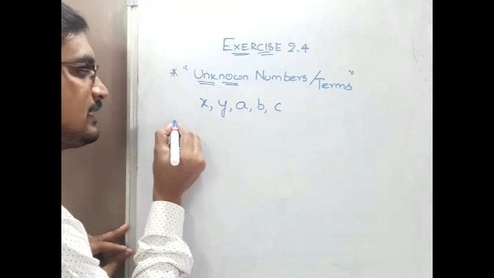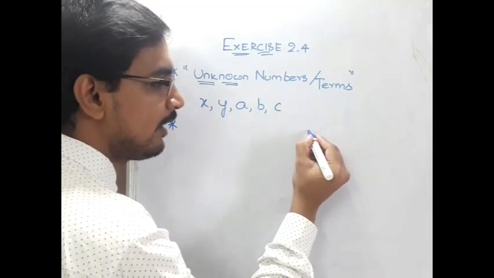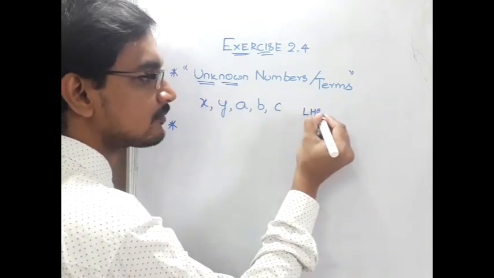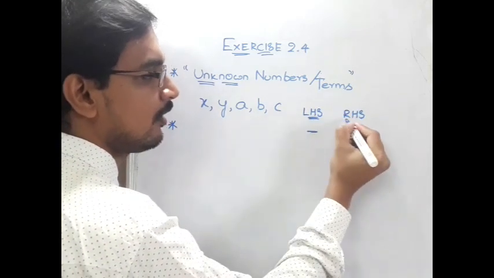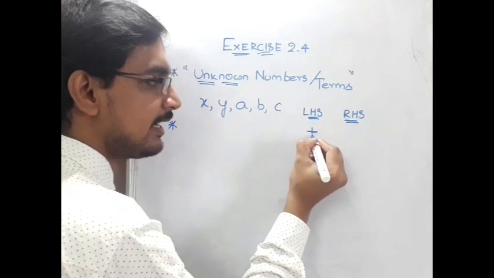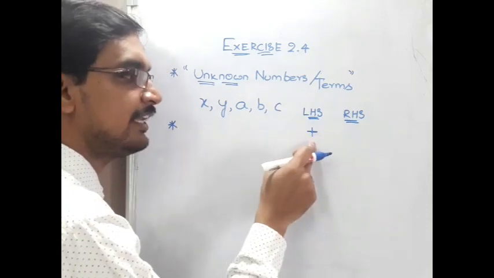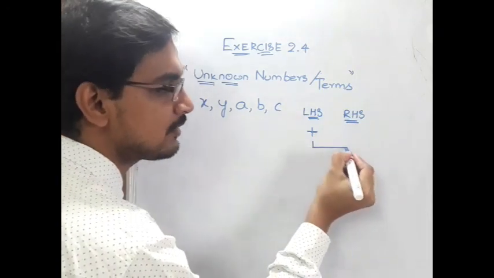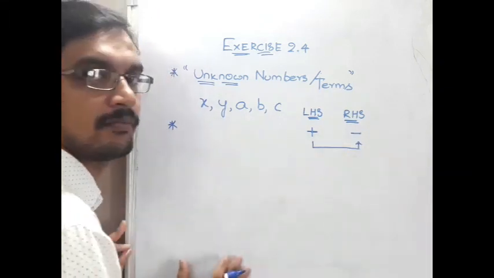Now let us check the transposing part. Look, when on the LHS side, if a term is with plus, whether it is a variable term or a constant term, when we want to transpose it to the other side, it should become minus.